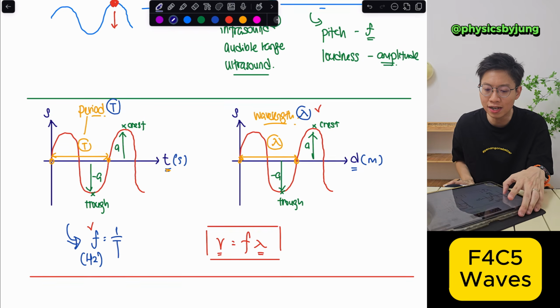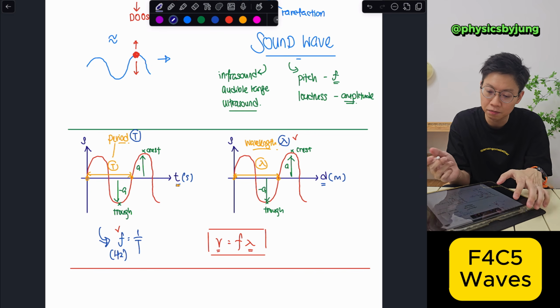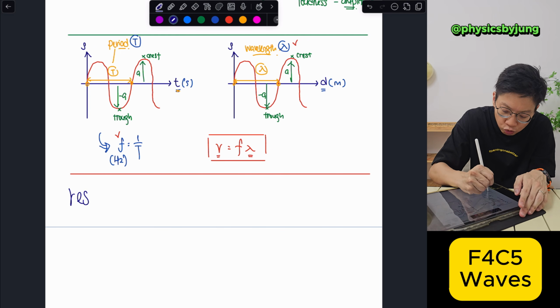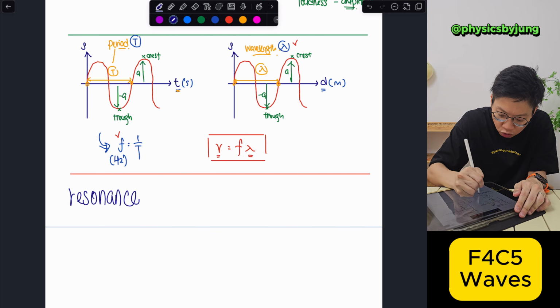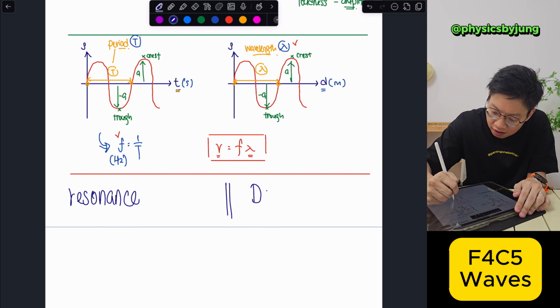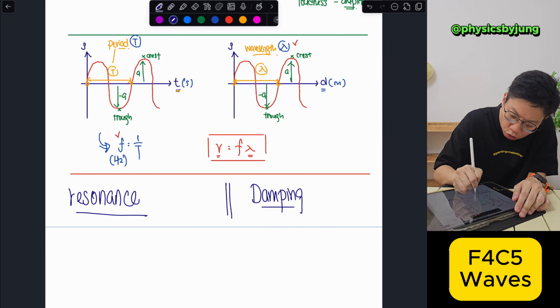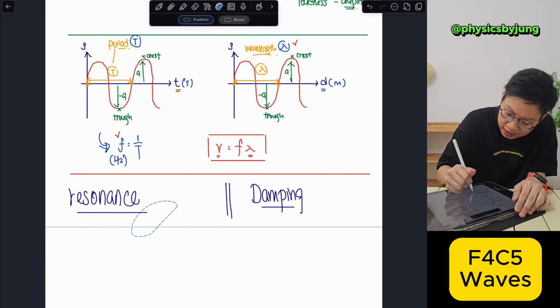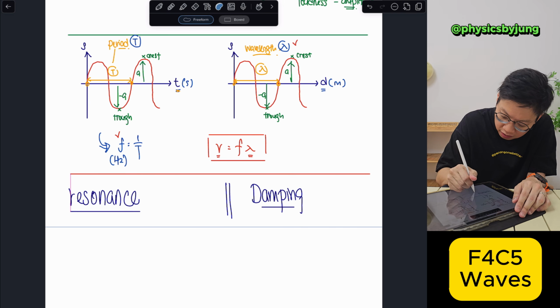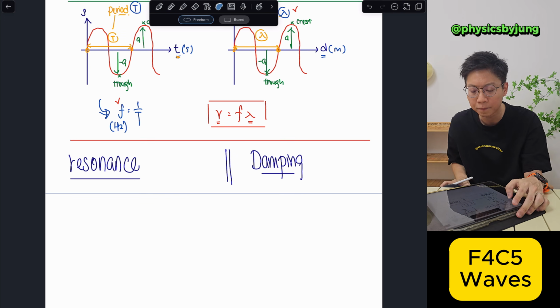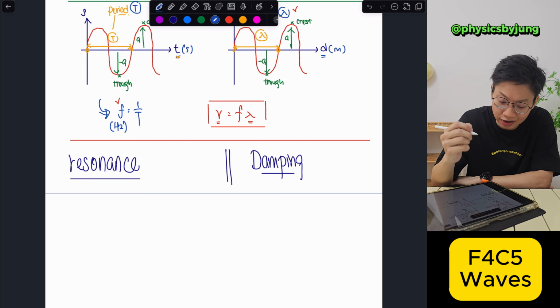Okay, next. So once we are done with the wave basics, we will lead to the two parts, which is known as resonance versus damping. So what is resonance?